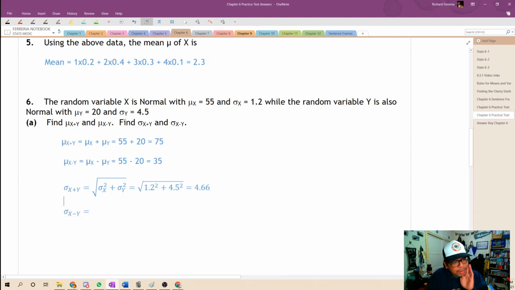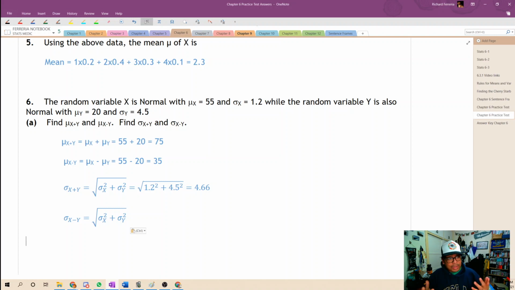Now, the standard deviation for x minus y is a funny thing, because you would think that you would subtract the variances for x and y, but actually, you would add the variances. And the way I like to think about it is, if you're going to add two things with uncertainty, then your result is going to be more uncertain than what you started off with.